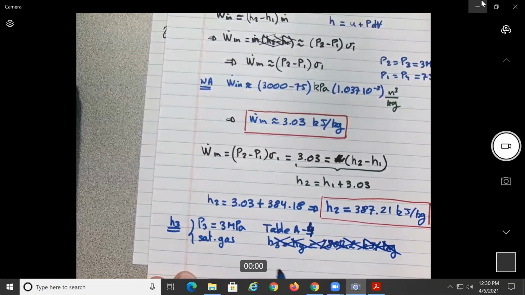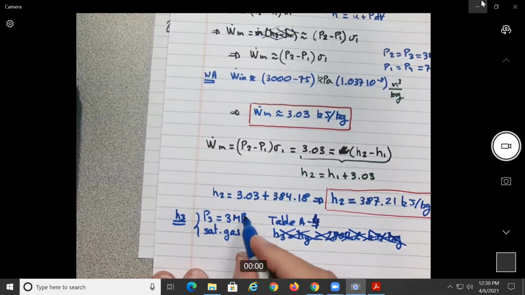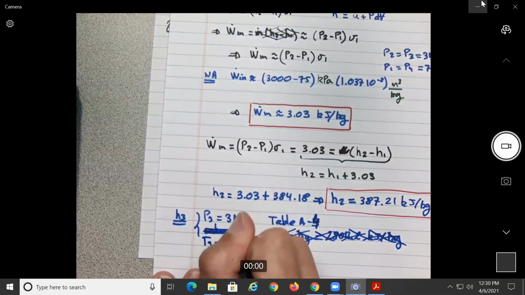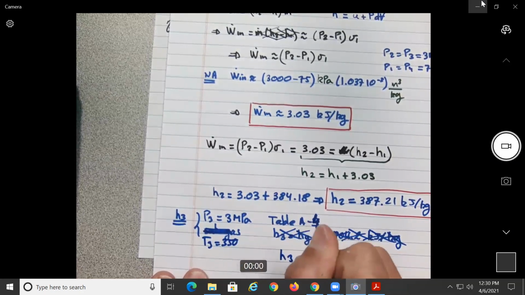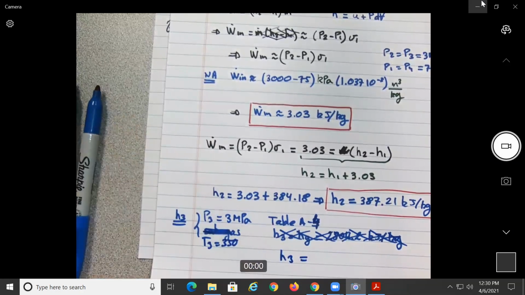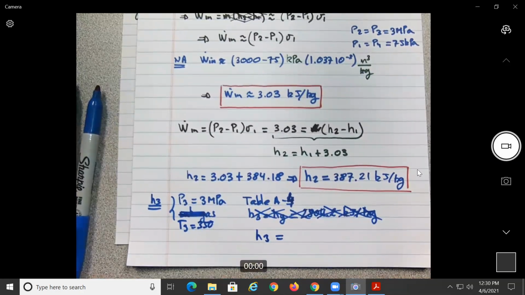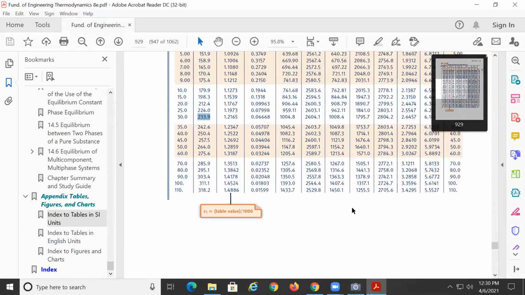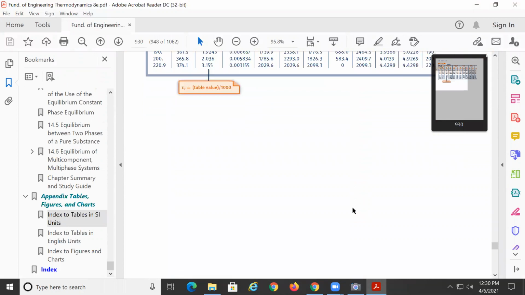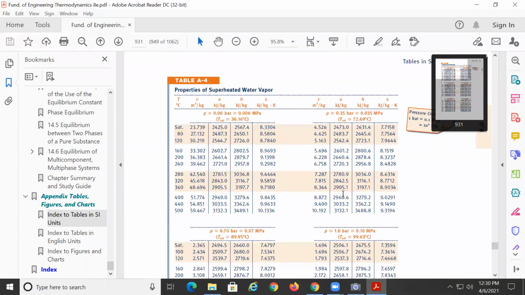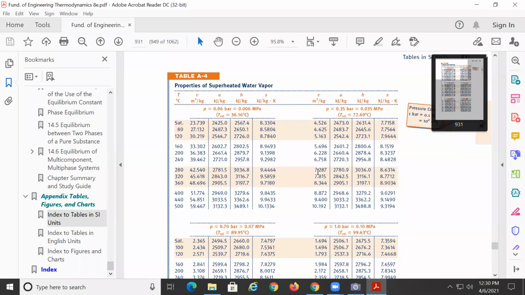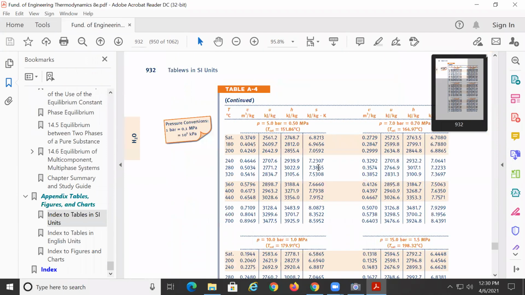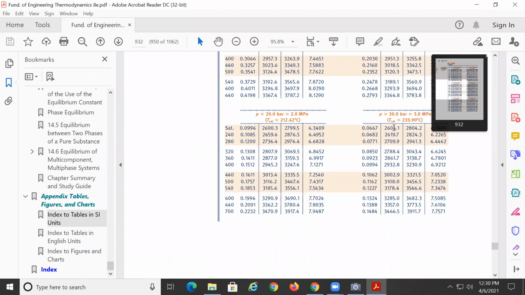And basically we need to look at P3 equals 3 megapascals, T3 equals 350. And let's see what would that give us, and I will stop over there, and next time we'll restart this problem. So we go to table A4 at 3 megapascals. So that was 30. So page down, so we have 30.